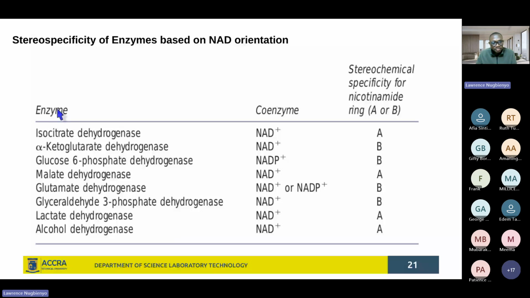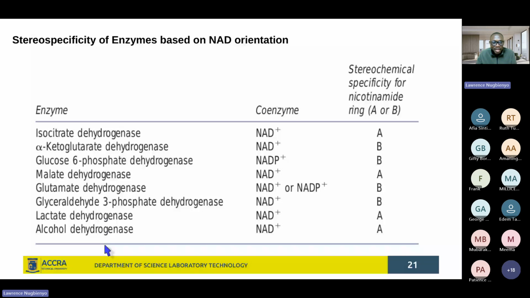So we see an enzyme, isocitrate dehydrogenase. If you look at all the names: isocitrate dehydrogenase, alpha ketoglutarate dehydrogenase, glucose 6-phosphate dehydrogenase, malate dehydrogenase, glutamate dehydrogenase, glyceraldehyde 3-phosphate dehydrogenase, lactate dehydrogenase, alcohol dehydrogenase.